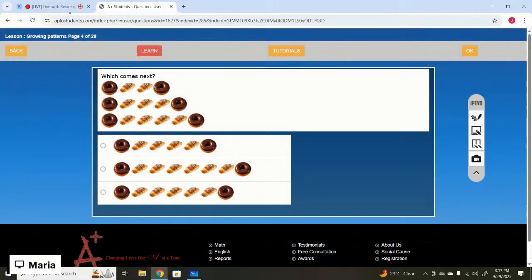Which comes next? Option number three is the correct option.